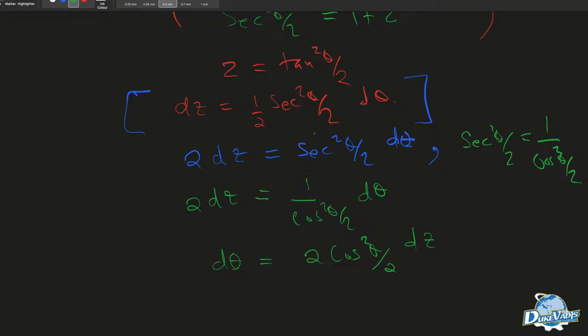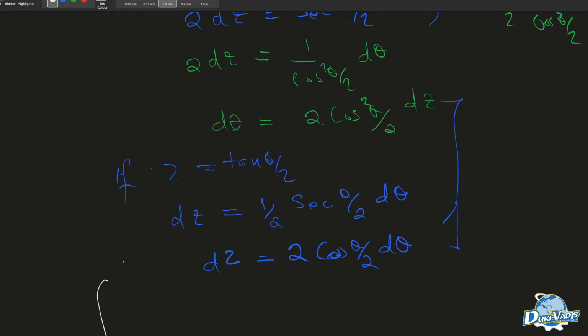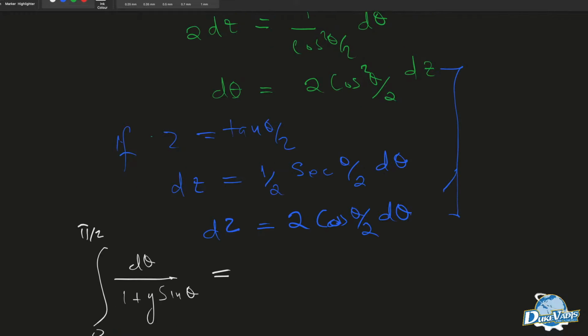Initially we said let z equal tan theta over 2. So we have to do a certain substitution. Also, because of this sine theta over here, let's do a certain substitution.